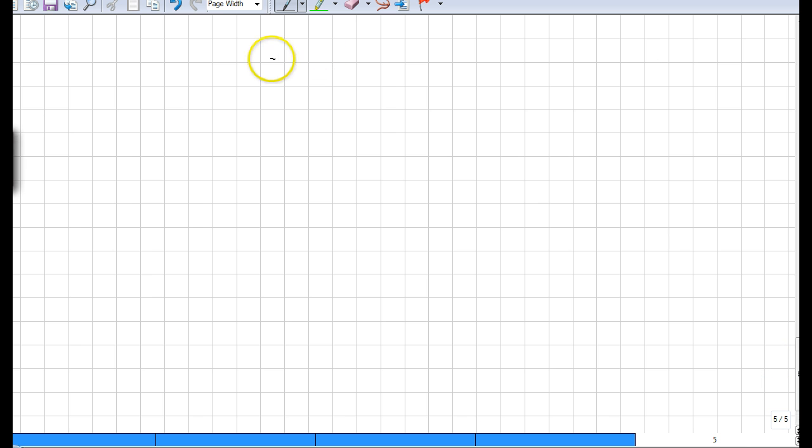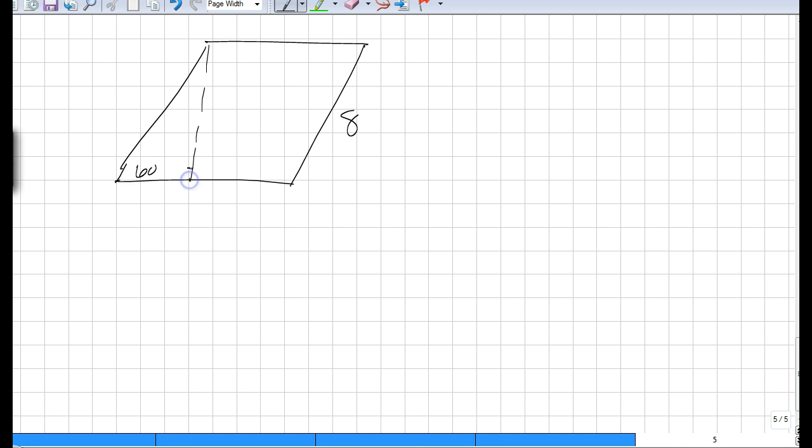But if I have this rhombus, and I know that this is 8 and this is 60, then I want to use the formula for parallelogram, because I know that this angle is 60 degrees. I know all these sides are 8.